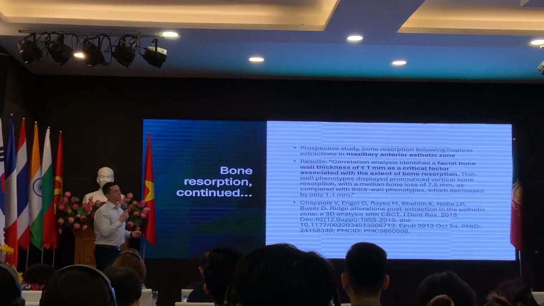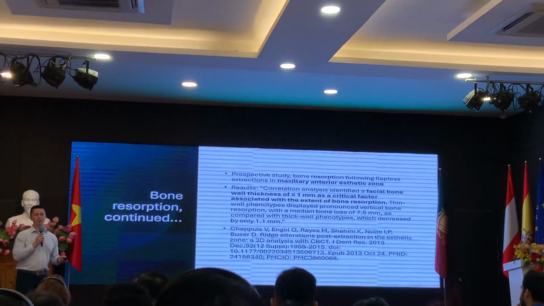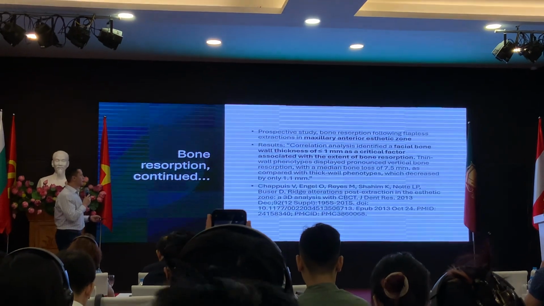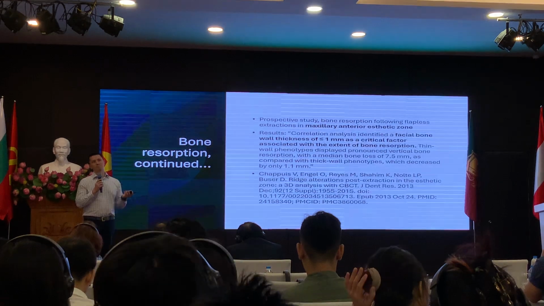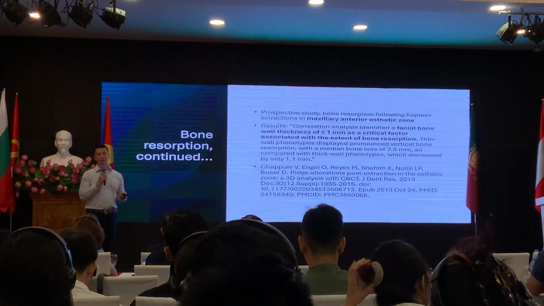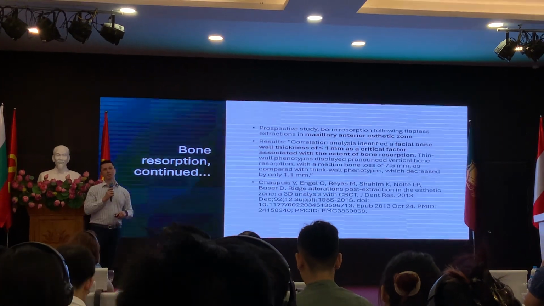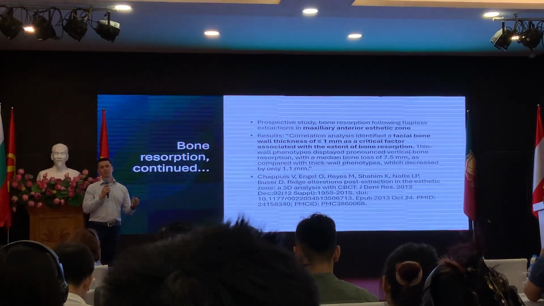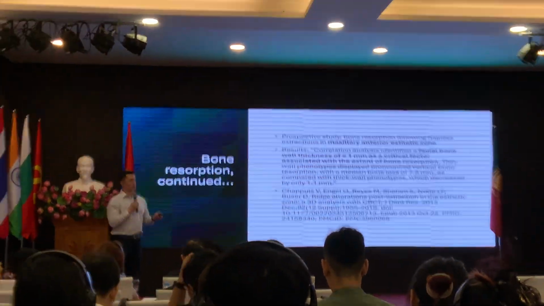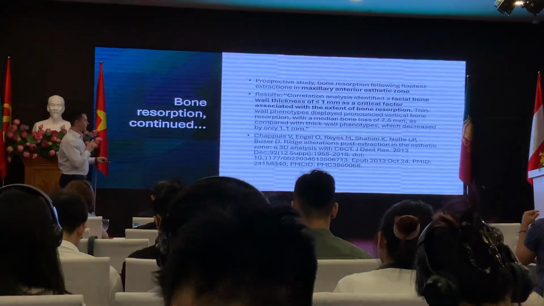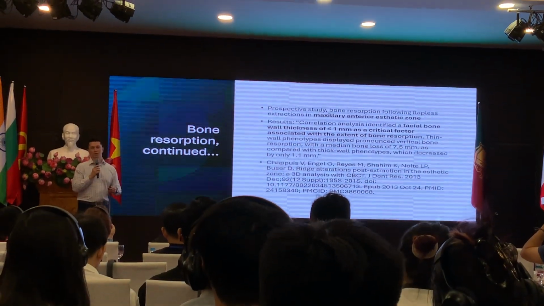So in other words, consider a case where an anterior maxillary tooth is extracted, like a central incisor, and the bone thickness is less than 1 millimeter on the radiograph. Removing the tooth and not grafting has been associated with a higher chance of buccal lingual bone volume collapse. Those are higher risk cases where you definitely want to consider bone grafting to preserve the ridge shape.